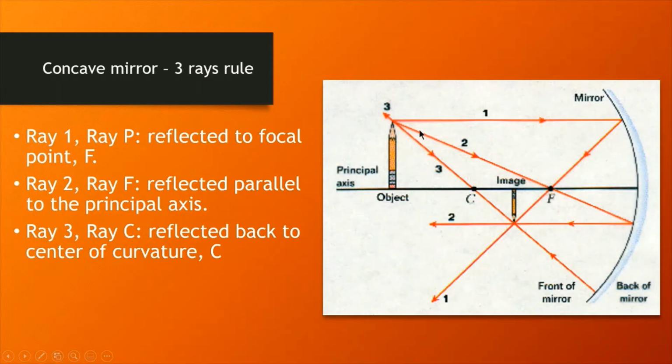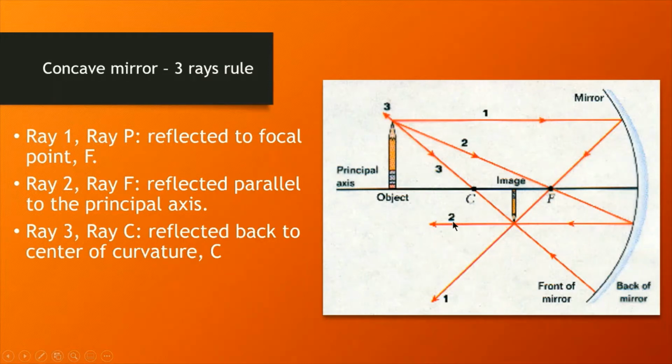Whereas ray 2, which I prefer to call ray F, F stands for focal point, because the incident ray passes through the focal point. So ray F is reflected parallel to the principal axis.